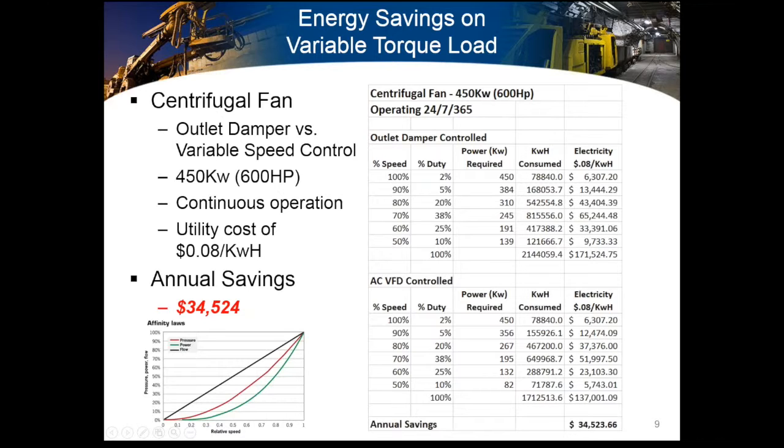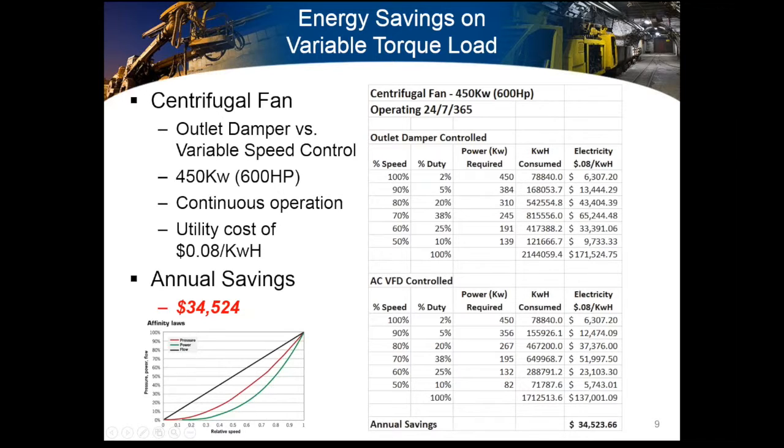In this case, we also then selected 5% of the time running at 90% speed, 20% of the time at 80% speed, 38% of the time at 70%, 25 at 60, and 10 at 50. And this is either speed or the flow, so we can compare these directly.